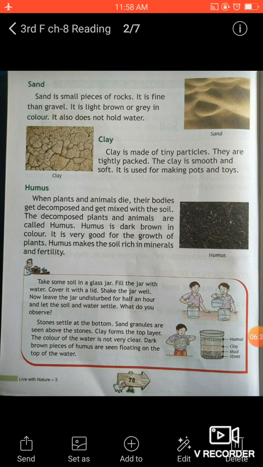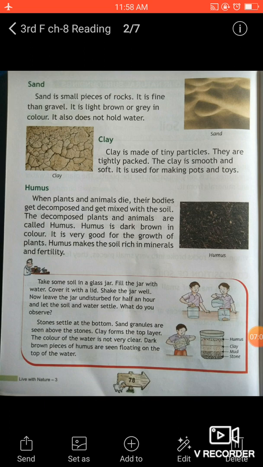In this way also we can observe which type of stone and soil get settled in the earth also. Let us see how it happens. Stones settle at the bottom and sand granules, meaning small hard pieces, are seen above the stone.